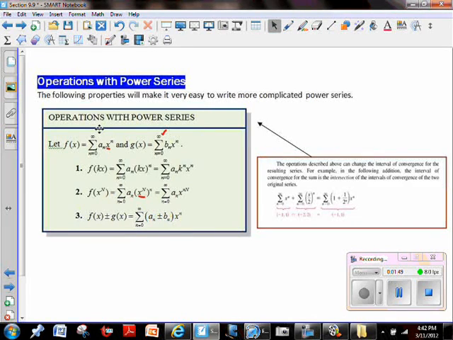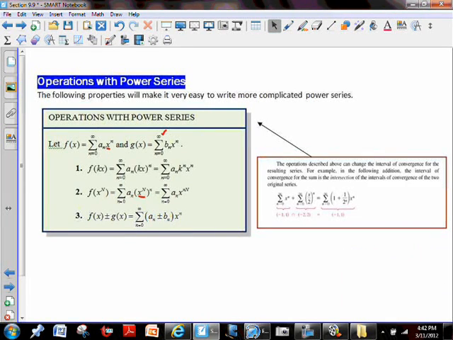And off here to the side, it's a little blurry and I apologize for that, but it's a very important caveat that goes with this particular section. It says the operations described can change the interval of convergence for the resulting series. For example, for this particular addition problem, the interval of convergence for the sum of these two power series would be the intersection of the intervals of convergence of the two original series.